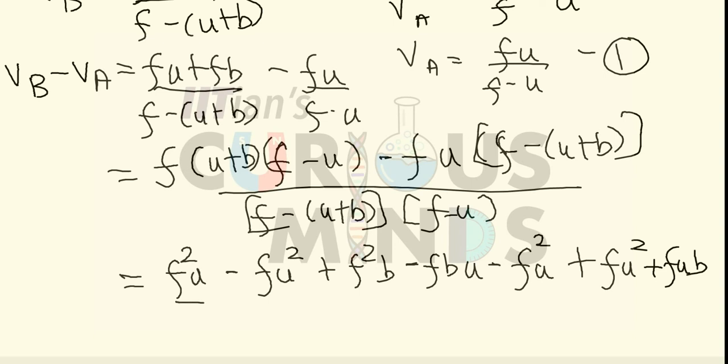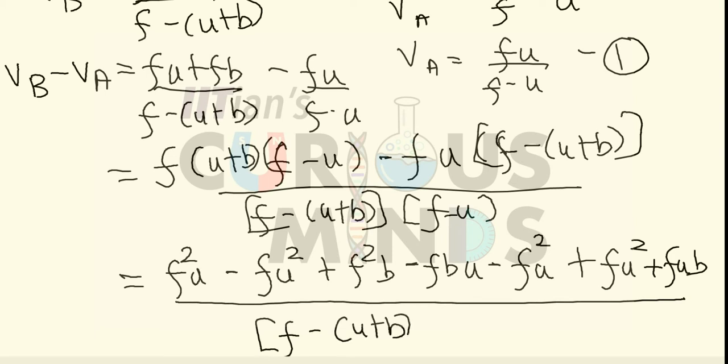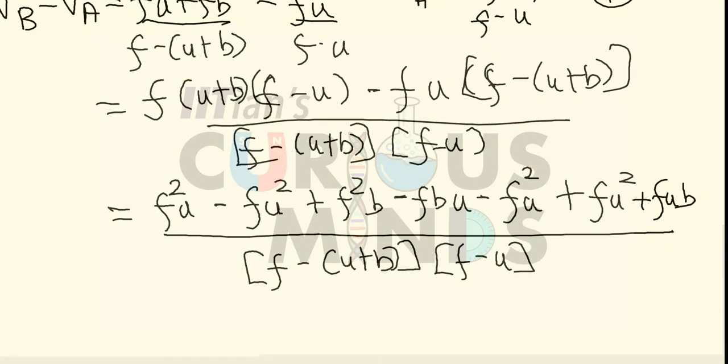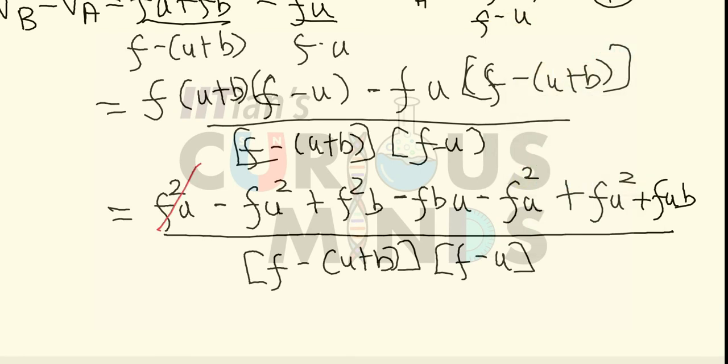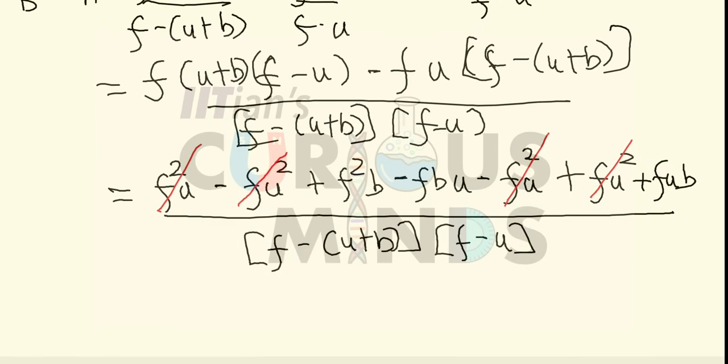Let the denominator be as it is, I will substitute it later. Let us see the numerator first. The terms f square u and minus f square u cancel out, minus f u square and plus f u square cancel out, and minus fbu and plus fub also cancel out.